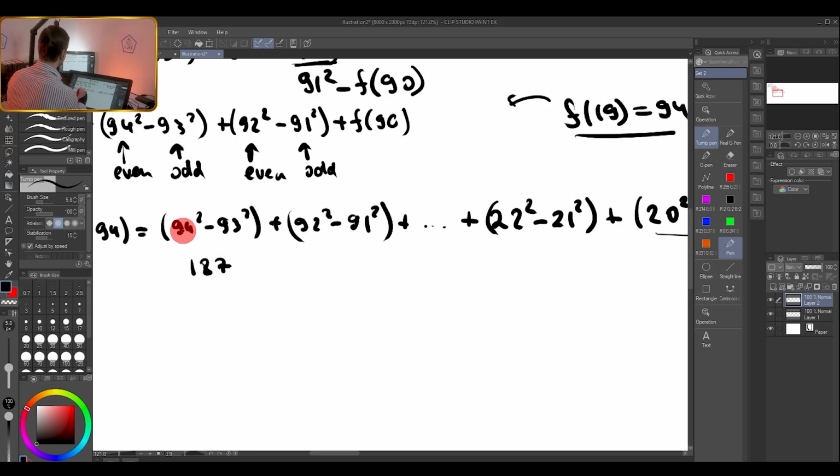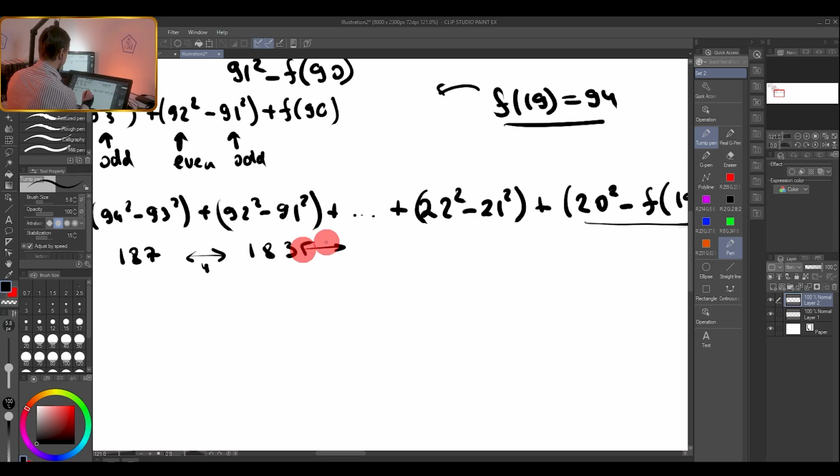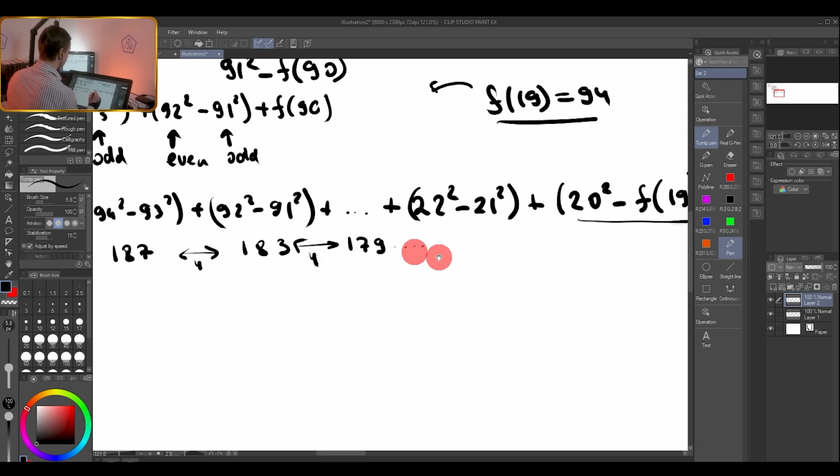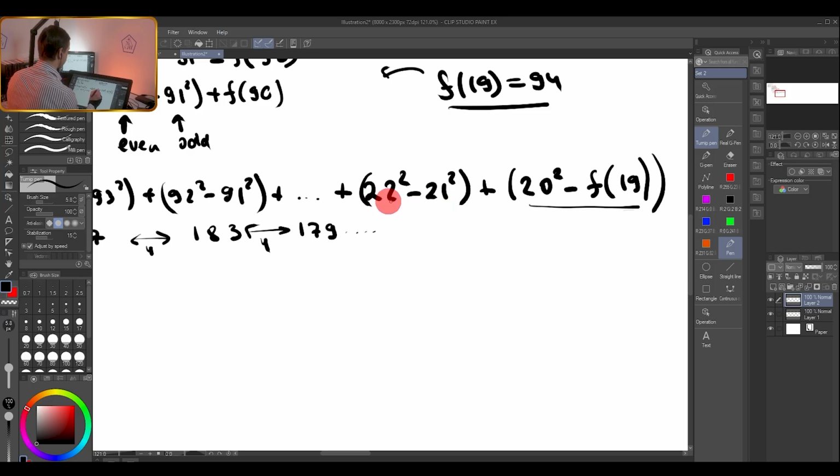This number is 2 less than this number, and this number is 2 less than this number. So the sum of these will be 4 less than this number, and we will get 183. So the difference will be 4 between them. The next difference also will be 4, so it will be 179, and so on. And let's calculate this number that here at the end, you will get 22 plus 21. It will be 43 here.